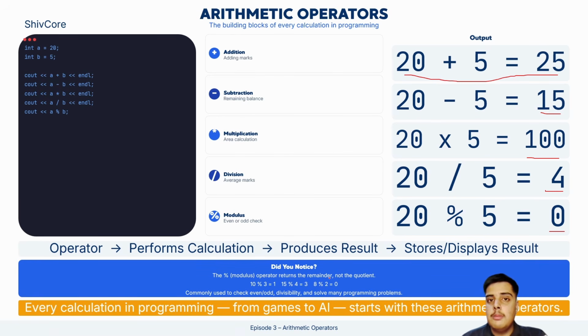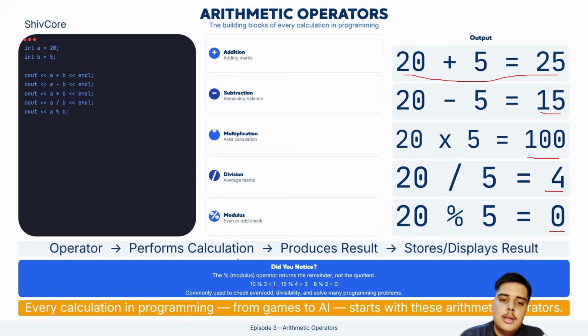That's the thing to remember. 10 modulus 3 is 1, so 1 is the remainder. 15 modulus 4: 12 is completely divided and 3 is the remainder. 8 modulus 2 is completely 0, no remainder left.